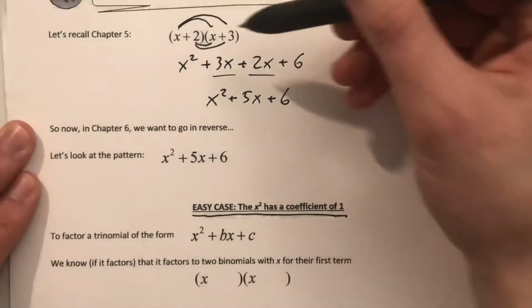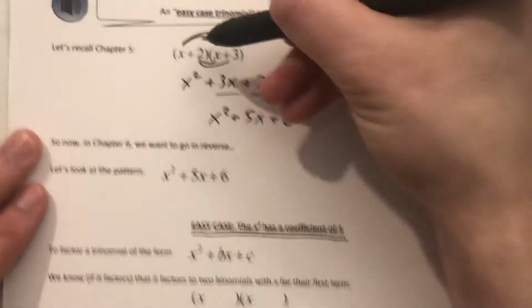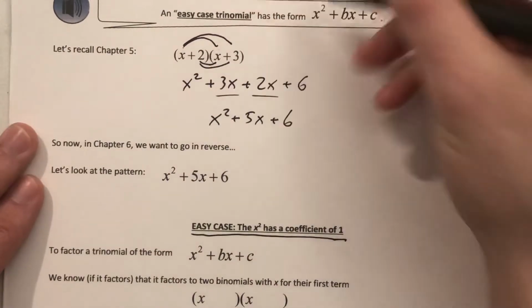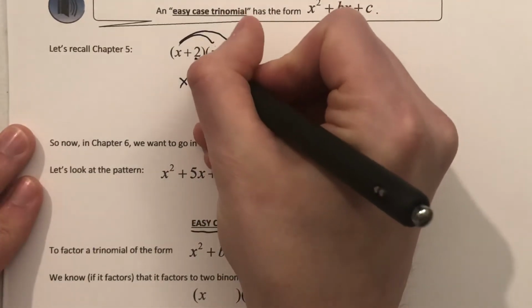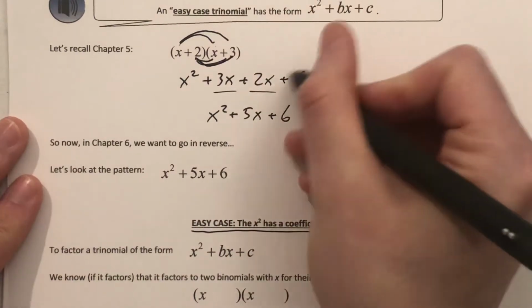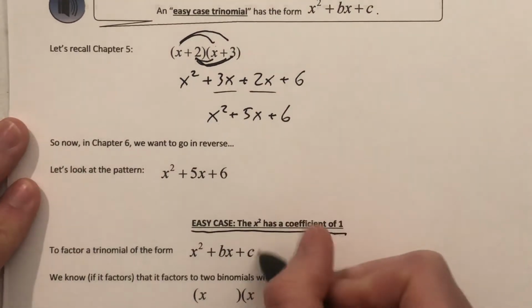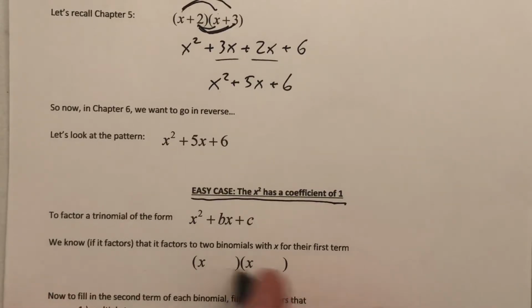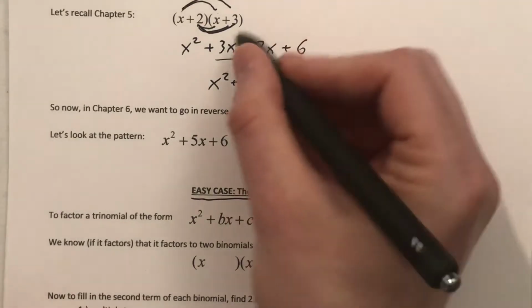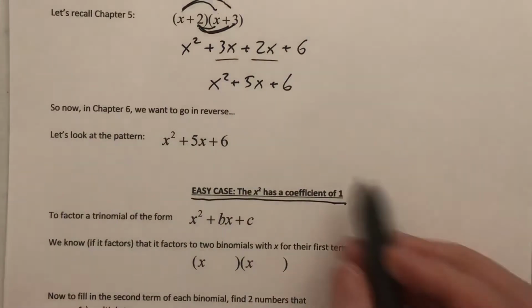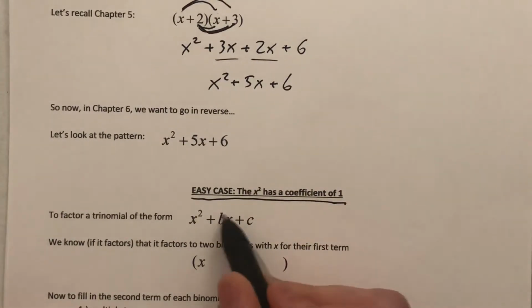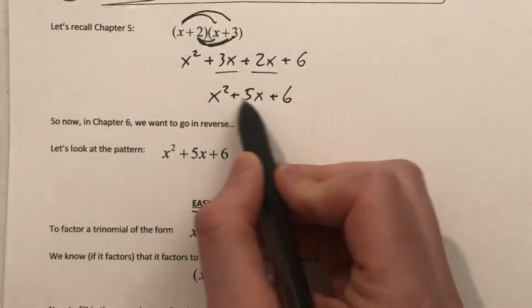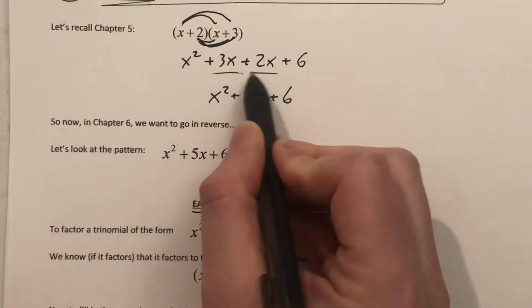Because think about up here, what happened with this 2 and 3, the constants? If I go with that very last arc we drew, 2 times 3 gave us this 6. This constant term will always come from what you get when you multiply those two numbers together. That's the only place you get that constant term, number times number. But then the b term, this value of b on your x, will always come from your 2 middle terms.